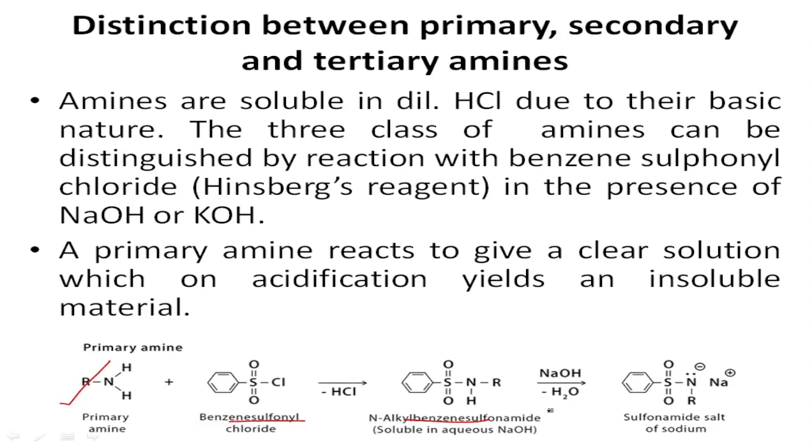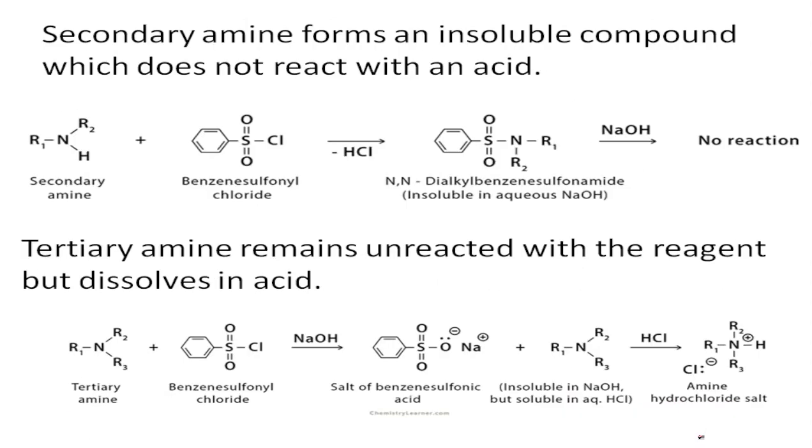With further reaction with sodium hydroxide, you get the sodium salt of the sulfonamide. A secondary amine, in the same type of reaction with the same reagent and conditions, gives N,N-dialkyl benzene sulfonamide.